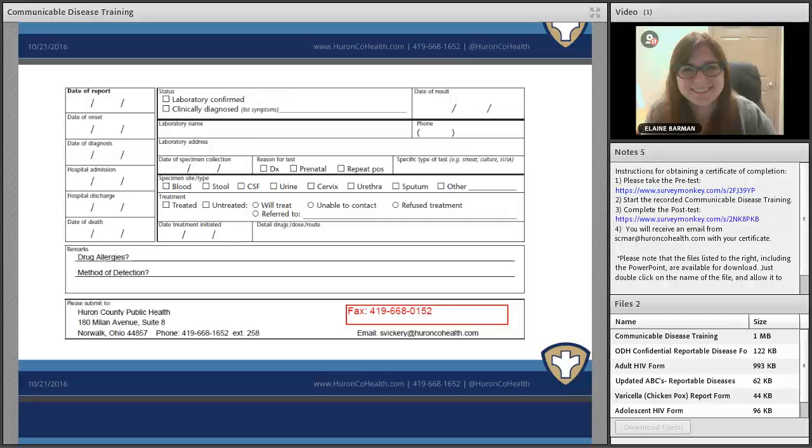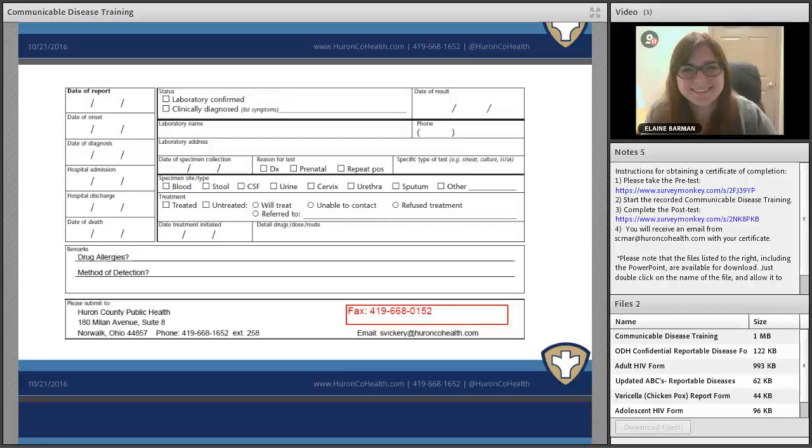Then below that, it has the please submit to. Again, you do not want to mail, but that is the address. You want to either call, which is the phone there. The fax number is in red, so generally you have this form, you're going to fax it to that number when you fill it out. Or you can email me.